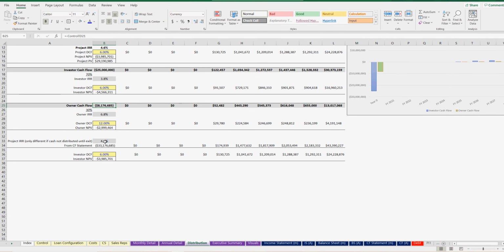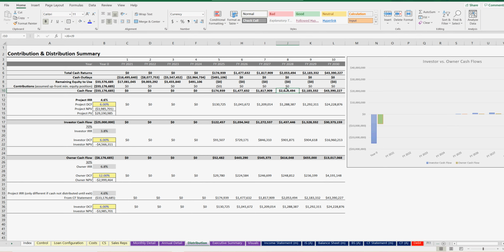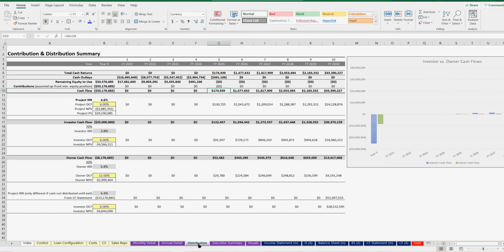And then the only reason why I wanted to add this at the bottom, this is showing cash flows from the cash flow statement, which should be identical to this item unless you go on the control tab here and put distribute excess cash to no. If you do that, then you can see nothing is actually distributed until the exit, and at that point, any cash left in the business and the value of the receivables times multiple, less fees, less debt, is going to pull in here, and then the discounted value goes back to here. I thought that might be kind of interesting.